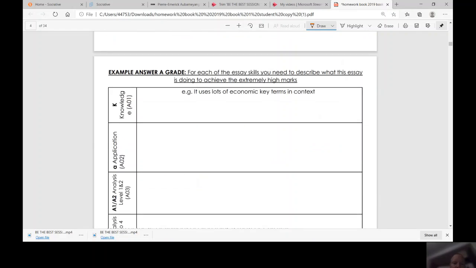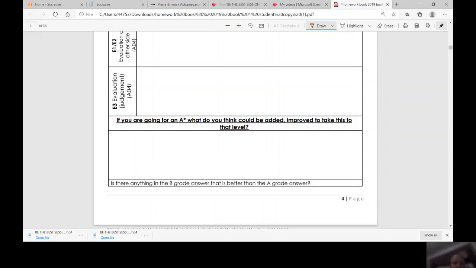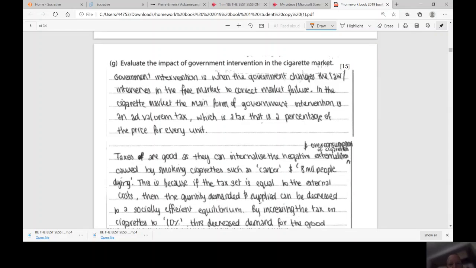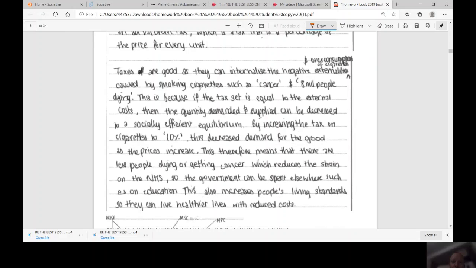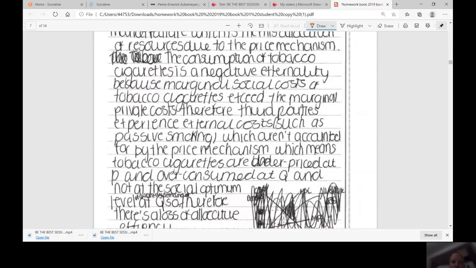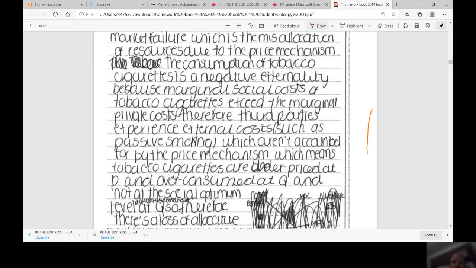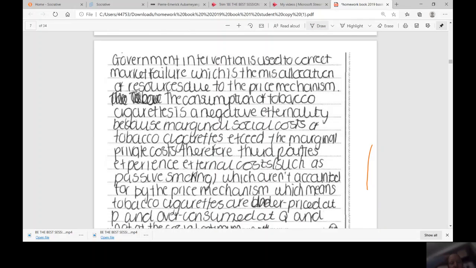Looking at the example answers. Okay, so if we come down here, you will see the first set of example answers, and you have government intervention is when the government changes the law and intervenes in the free market to correct a market failure. If we contrast that with the second answer, government intervention is used to correct a market failure, which is the misallocation of resources due to the price mechanism.